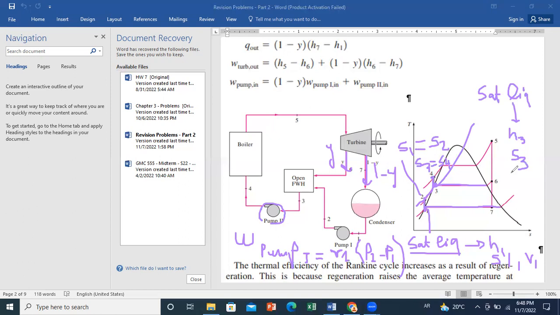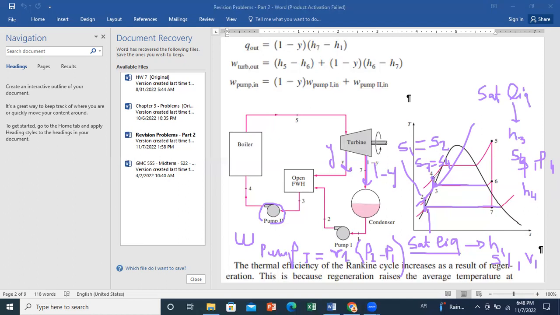And once I find S4, knowing S4 and knowing the pressure, knowing two characteristics, I can deduce H at point 4. So from S4 and P4, I can deduce H at point 4.